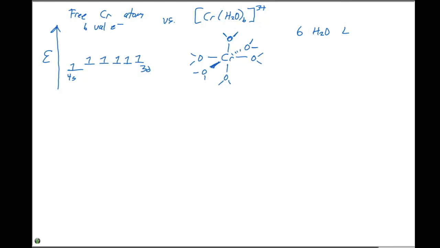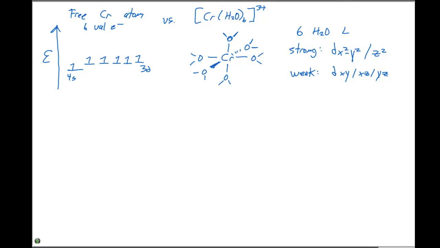These 6 ligands are going to form a strong interaction with the dx squared minus y squared and the dz squared. There's going to be a weaker interaction with the dxy, the dxz, and the dyz, because in an octahedral molecule, all the ligands lie directly on our Cartesian axis.